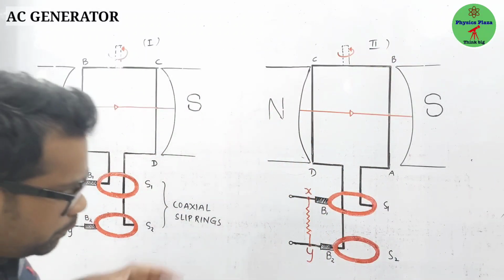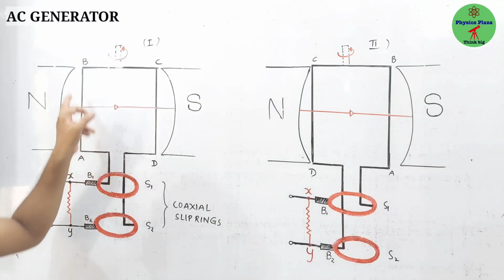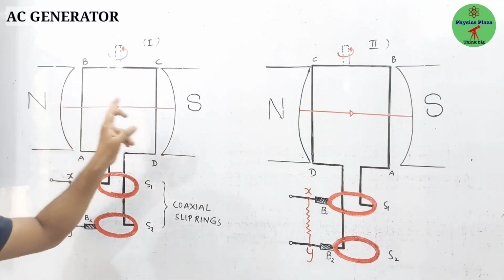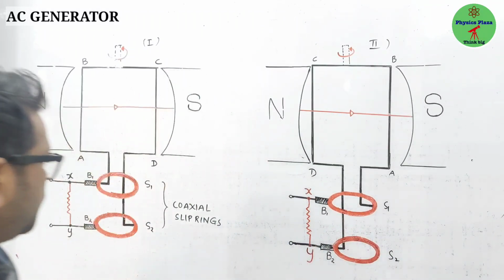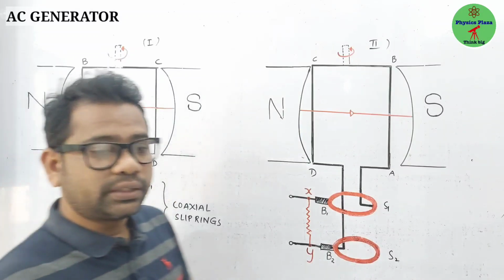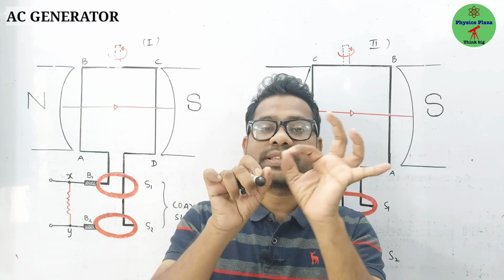Let us see the main parts here, children. If you can see, there is an armature, the so-called copper coil, and here are concave shaped magnets, or we can also call them horseshoe magnets, and here are slip rings, coaxial slip rings. Which means what? They are not like this, children, they will be like this, so that a common axis will be there.